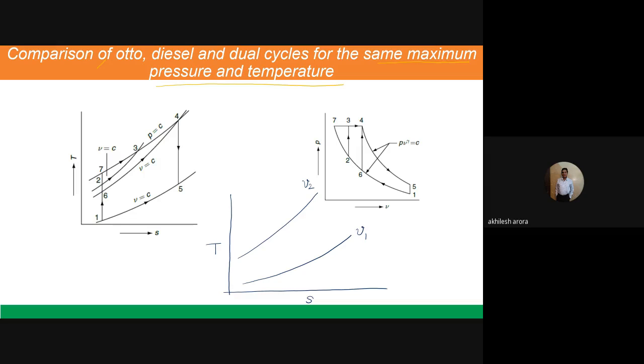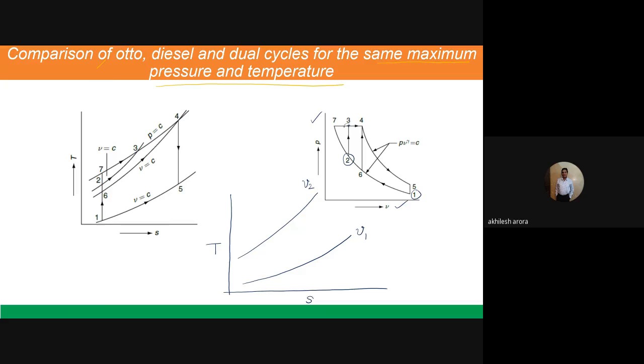So if you see the PV diagram on the right side here, if I take, let us say, the Otto cycle, in which there is a constant volume process, you can see here this is point number 1, this is point number 2, then this is the heat supply at constant volume.